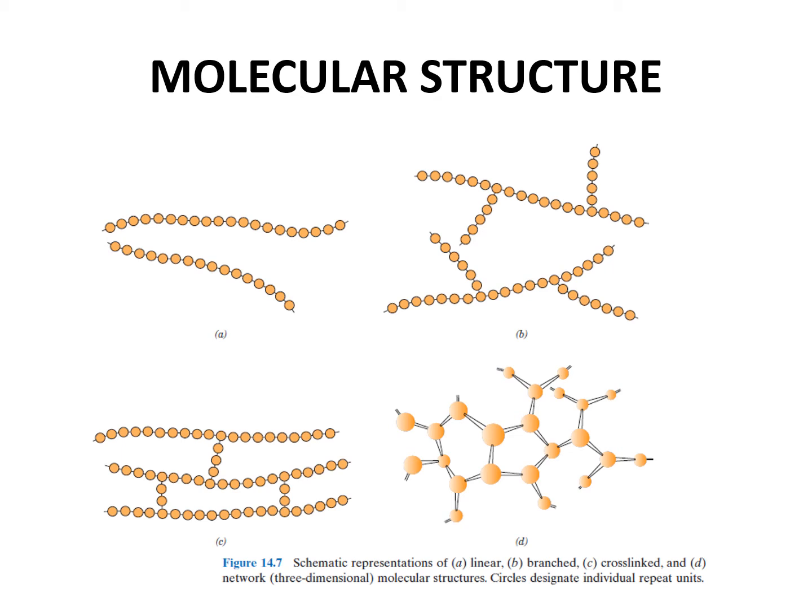Okay. So molecular structure. Physical properties of a polymer depend on different types of molecular structure. There are different types of molecular structure like linear, branched, cross-linked, and network. First of all, the linear polymer, it is represented in figure A, as you can see. In linear polymers, the repeating units are joined together in a single chain.